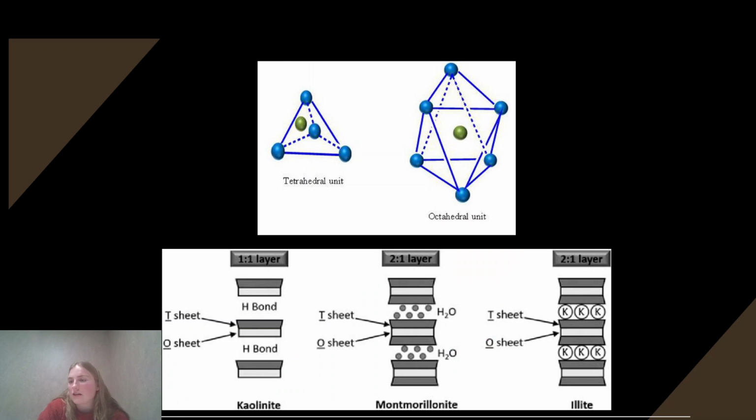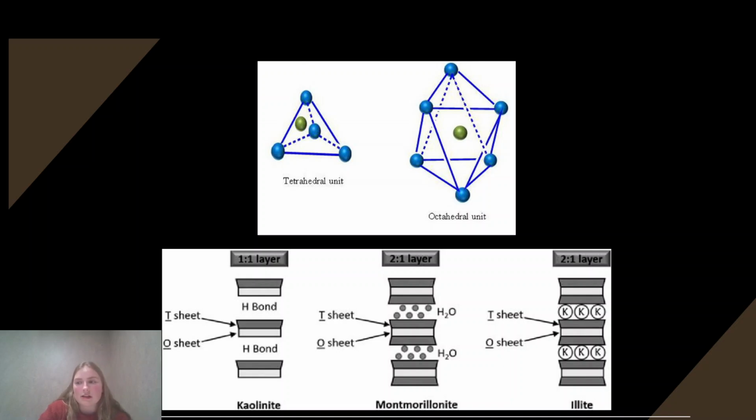So, clay mineral units are presented as either tetrahedral or octahedral units, which means they either have a mineral surrounded by 4 OH ions or a mineral surrounded by 6 OH ions. So you can see those in the top photo. You don't have to know about how they're put together.